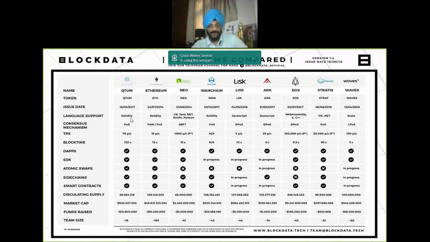Qtum is working on Solidity, Ethereum on Solidity, Neo on Java, C Sharp, JavaScript, .NET, and then you have Solidity and different kinds of things. So they're all working on a different concept, and they also have different kinds of smart contracts which get implemented. So that is how they are structured.